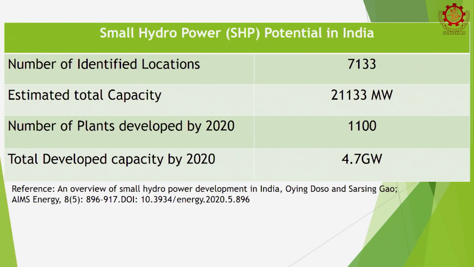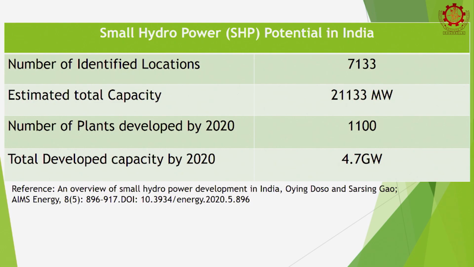I have done my research to find out the hydropower situation, especially the small hydropower situation in India, and how it stands today. As per the Ministry of Power, the number of identified locations of small hydropower is 7,000 plus sites, and they have estimated they can generate about 21,000 megawatts, that is a pretty big 21 gigawatts of electricity from these 7,000 plants.